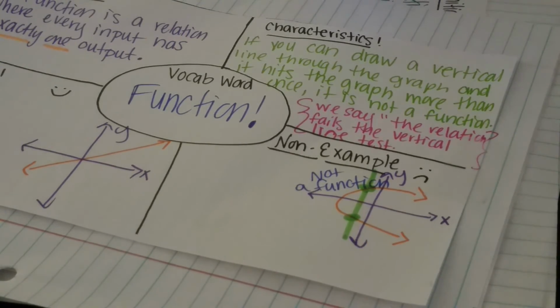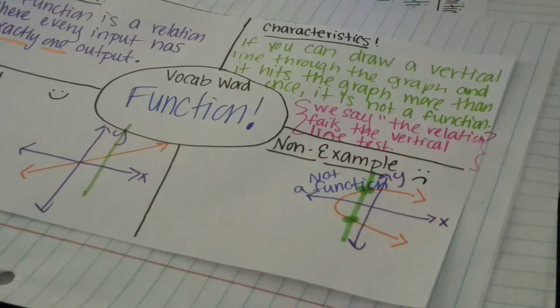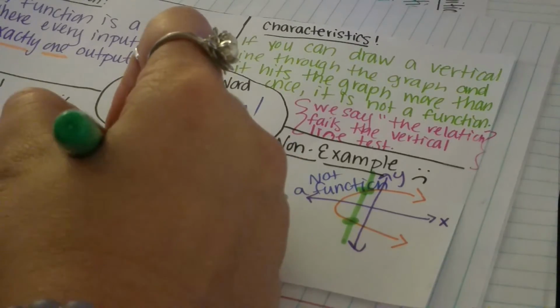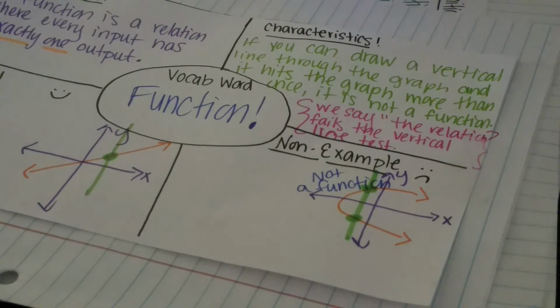Alright, so once you have the graph that looks like mine, get a different color and draw a vertical line through it. How many times does it hit? One. So that's a function. Ta-da! It passed the vertical line test.